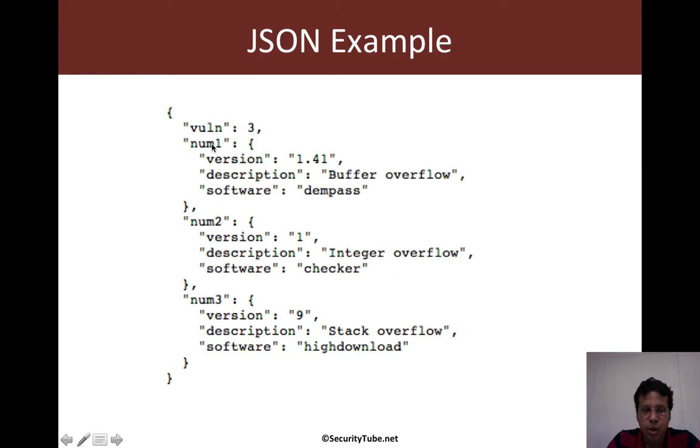So you have num1, the first vulnerability, version of software 1.41, description buffer overflow, software is dempass. Similarly you have num2 and num3. The actual structure, the hierarchy, the level of nesting all depends upon the application which is serving the JSON response, which in turn of course depends on the web application itself.